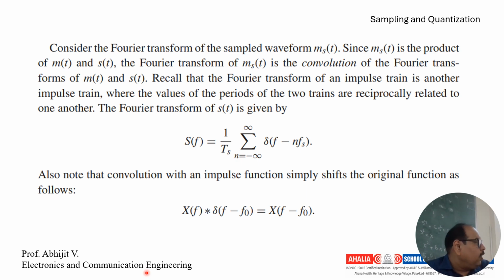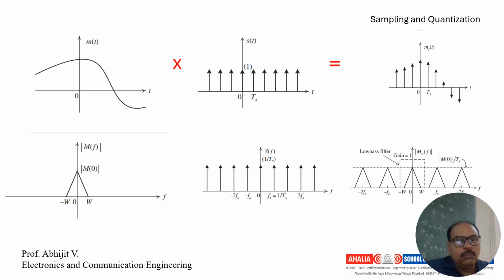Now let's draw the waveforms for whatever we have studied so far, in both the frequency domain and the time domain. In the time domain, the message signal looks like this. This signal in the frequency domain is like this.